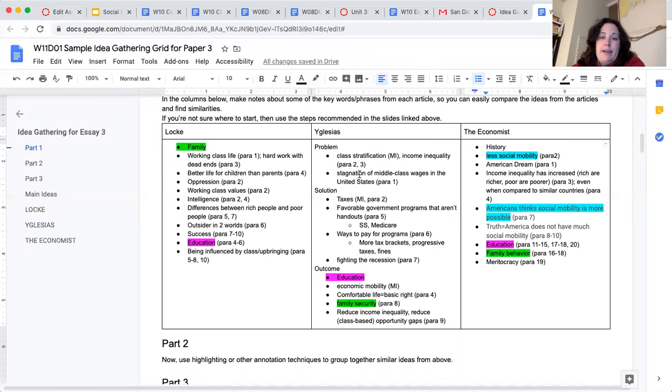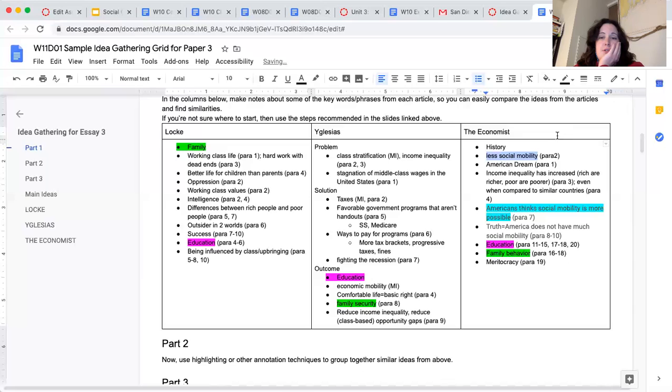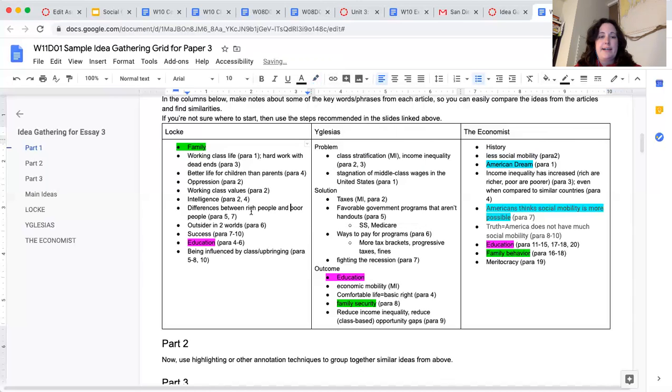We've got this less social mobility. Actually, these are kind of opposites. So I'm going to go ahead and remove the highlighting from that. So social mobility is more possible. That aligns with the American dream. So I'm going to highlight that.